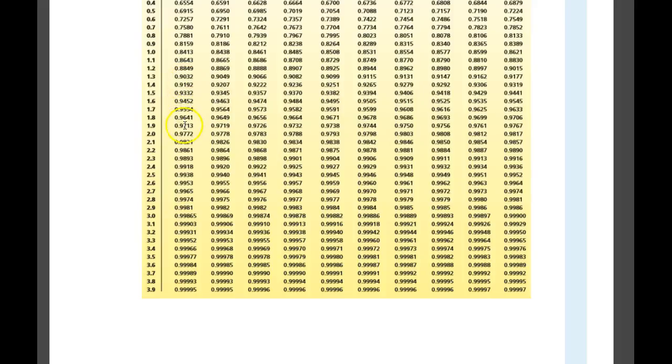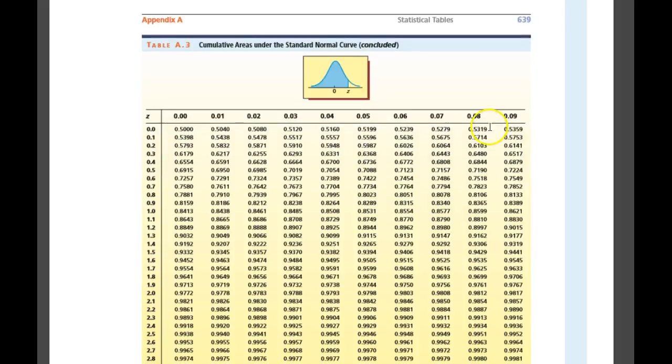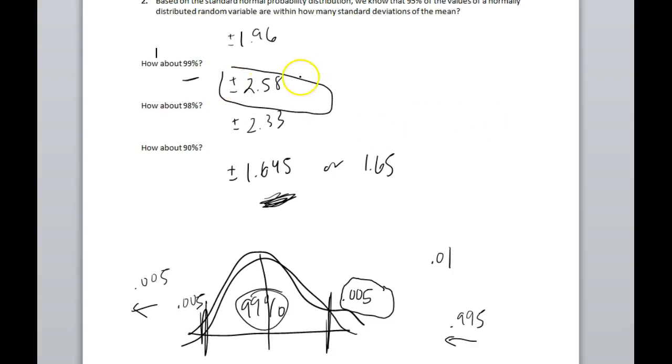So going down here, we get 0.9918, 0.9938, 0.9953. Okay, we move to the right. That's getting larger, so we don't want that. So now we're at 0.9938, all the way over till we get to 0.995, 0.9951. We're at 2.58. Perfect. That's where we want to be.